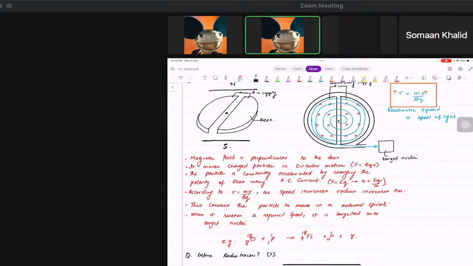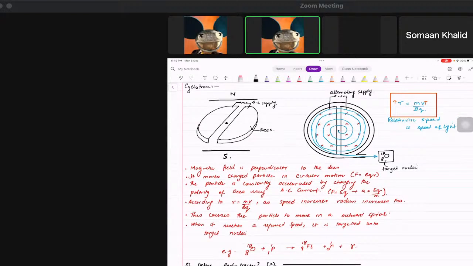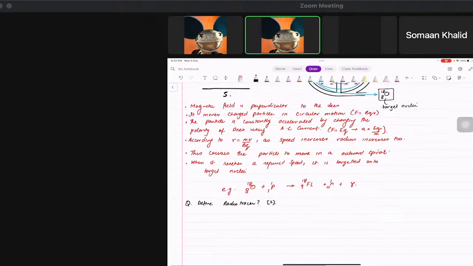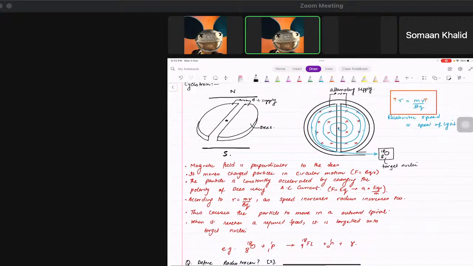Here we have oxygen, like this, and the proton is being accelerated in the cyclotron. Okay, like that. And do we need to use Fleming's rule for this? Yeah, you can use Fleming's rule, of course. Even if you use it, it will be the same. So don't worry about that. I made it randomly. It might not work here. So they won't ask you this. You just need to know how and what equations are being used.